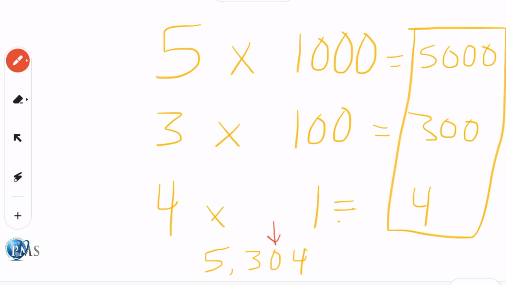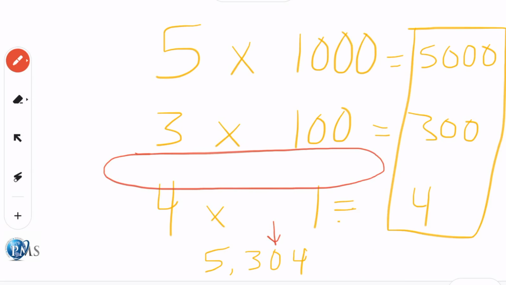Remember, we have ones place, tens place, hundreds, etc. That 0 is in the tens place, and the reason that it's a 0 and there's not a number there is because, check this out, the tens place would have gone right here, but I didn't give you a number here in the tens place. So because there was no number given to us in the tens place, that's why there's a 0 in the tens place. There is no number in the tens place. That's how we represent it.